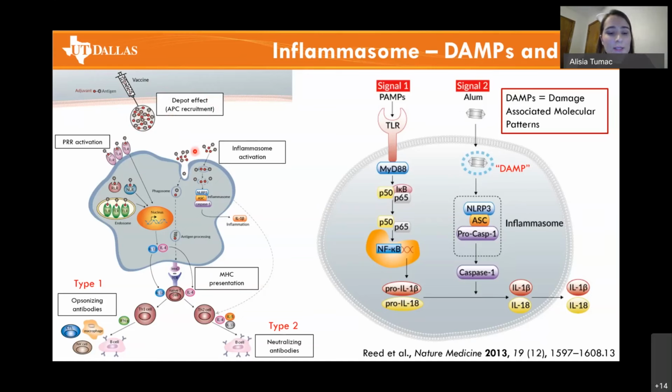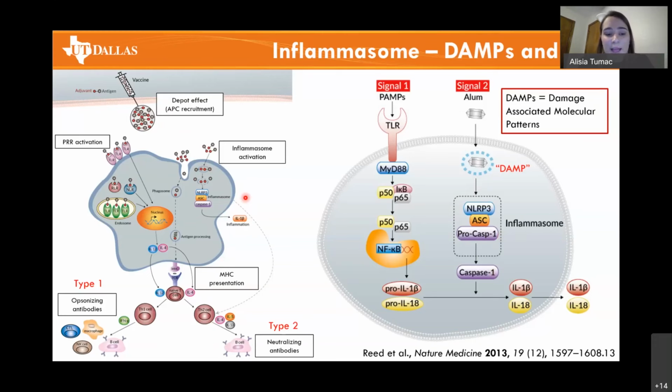And once it is taken up by the antigen-presenting cells, it will bind to what is called NOD-like receptor 3, which will in turn activate caspase-1 and the whole inflammasome system. And caspase-1 will produce one of the most commonly known inflammation cytokines, interleukin-1 beta.